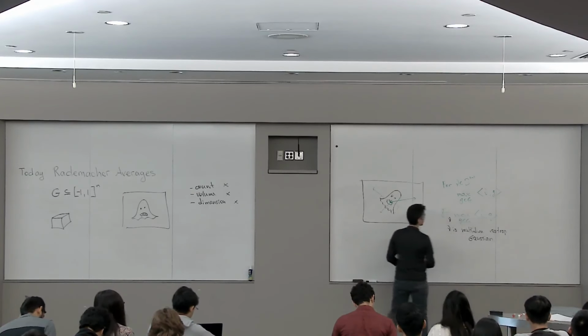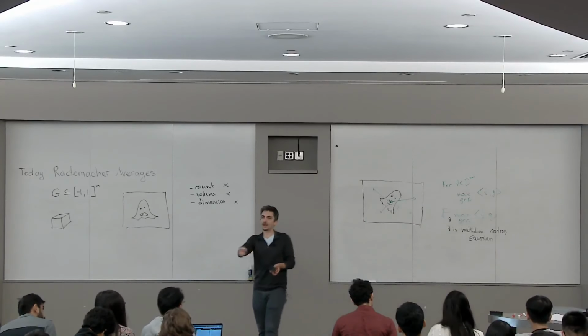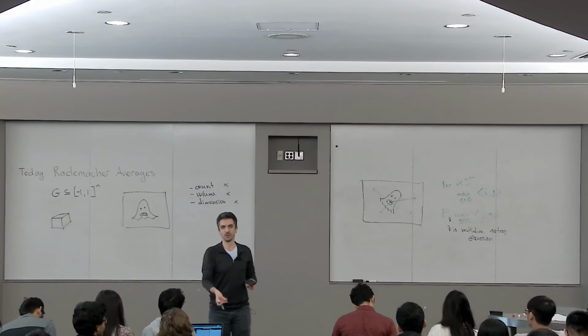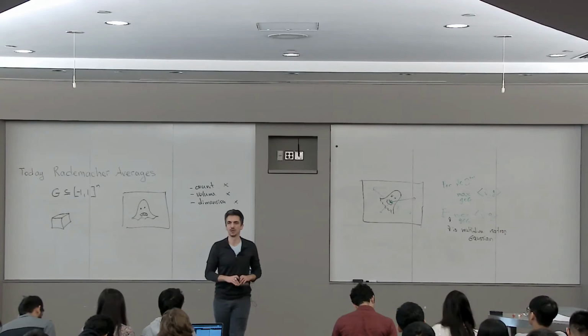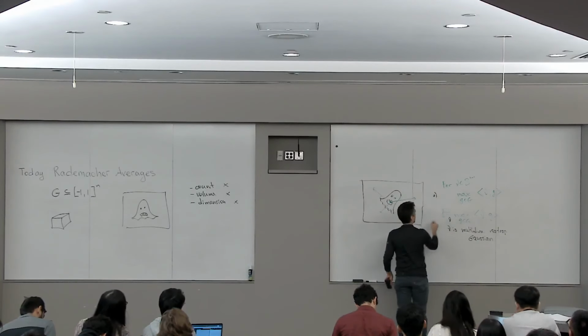Instead of looking at the sphere, a Gaussian vector is going to live roughly in a sphere, so it's roughly the same concept.